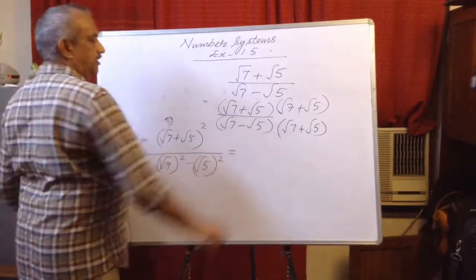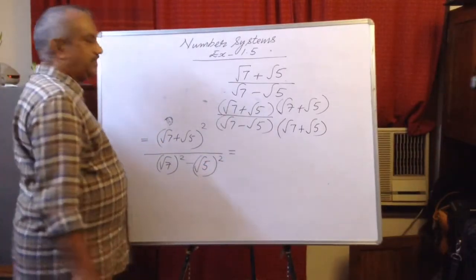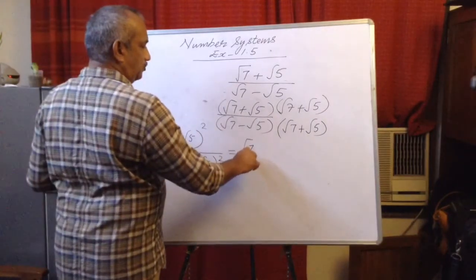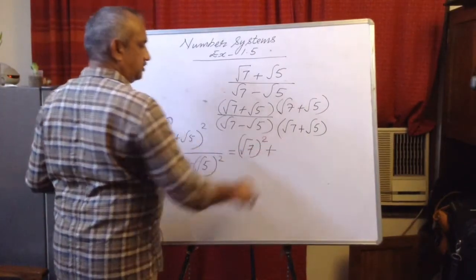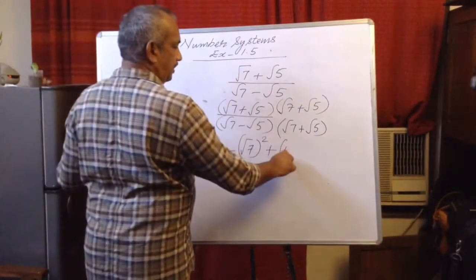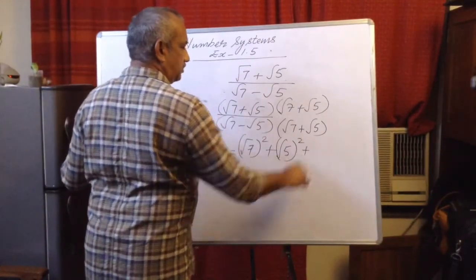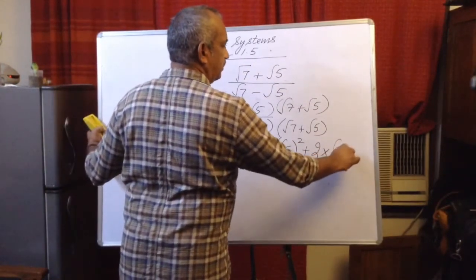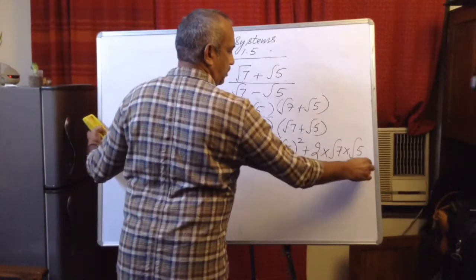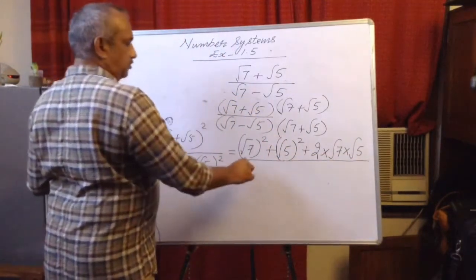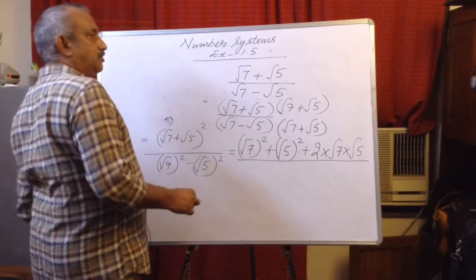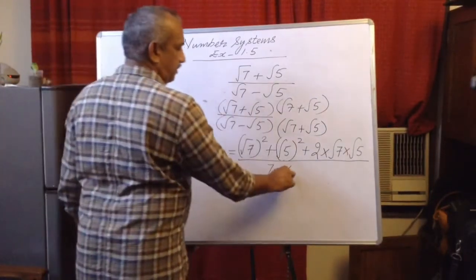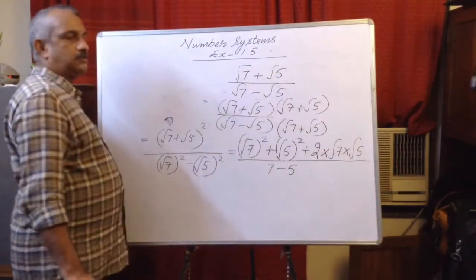Now the numerator, I am going to expand by using the first identity, a plus b the whole square is equal to a square, root 7 the whole square, plus b square, root 5 the whole square, plus 2 into first term into second term, root 7 into root 5, upon root 7 square is root 7 into root 7, 7, minus root 5 into root 5, 5. So we get this one.